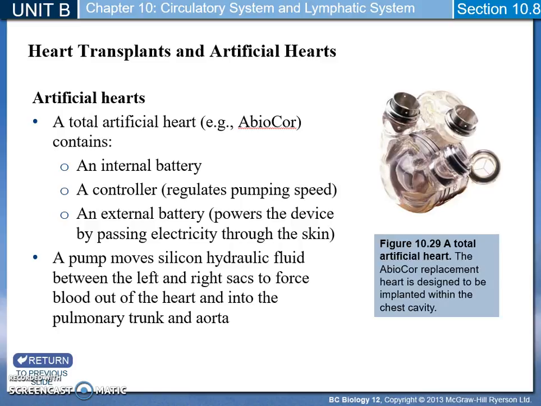Also, artificial hearts. I don't know how widely used they are at the present time. I think they are still pretty much in the experimental phase, but hopefully that provides some hope for the future as well.